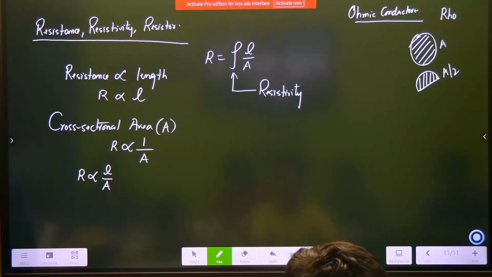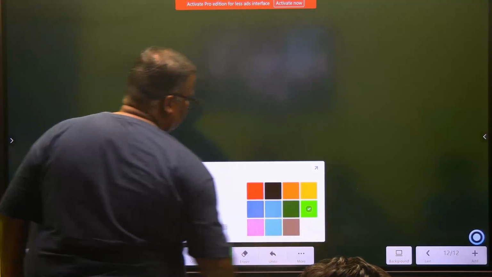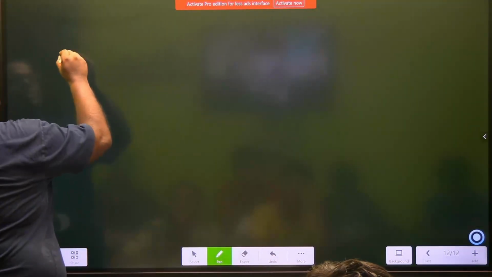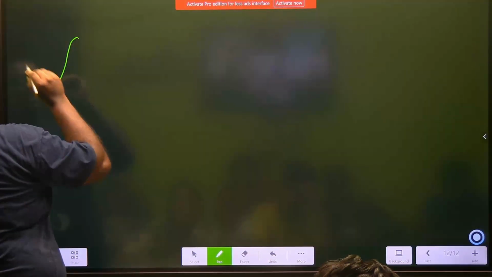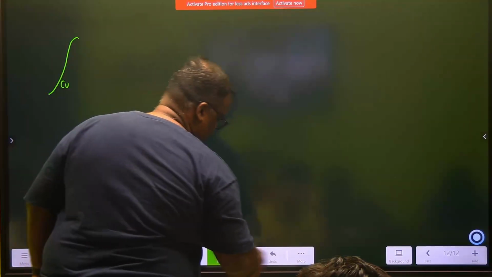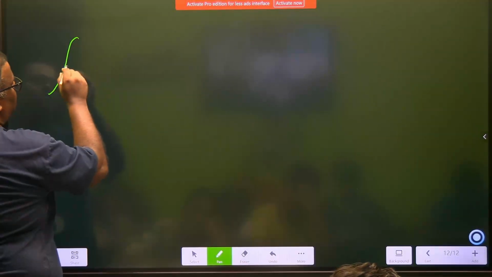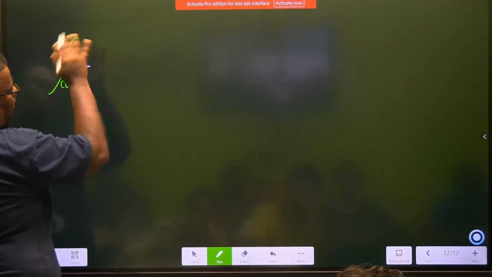Okay? Now our discussion starts. I'll change this slide and go to a different slide. Let's say you have a piece of wire, and this wire is made up of copper. There is some property, and we are talking all in terms of current, voltage, and resistance.